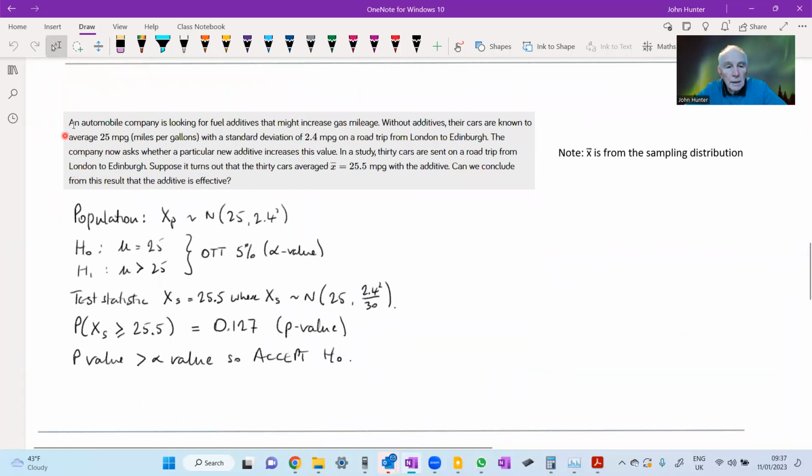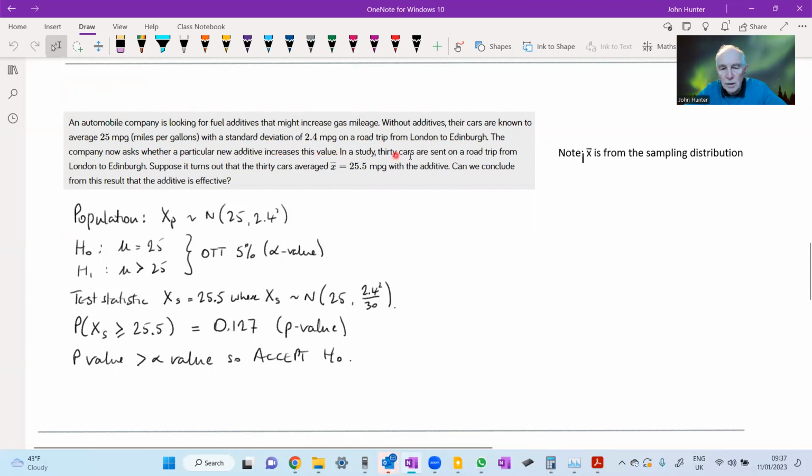An automobile company is looking for fuel additives that might increase gas mileage, or petrol mileage. Without additives, their cars are known to average 25 miles per gallon with a standard deviation of 2.4 on a road trip from London to Edinburgh. The company now asks whether a particular new additive increases this value.